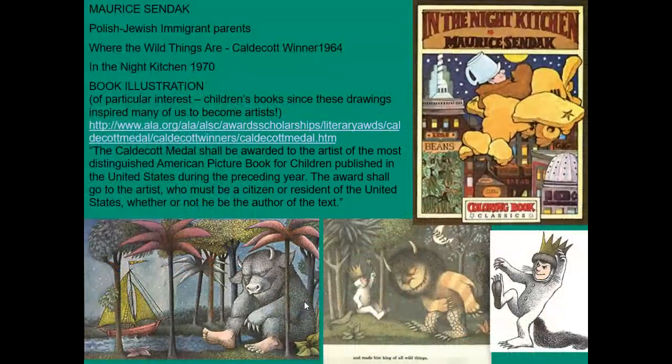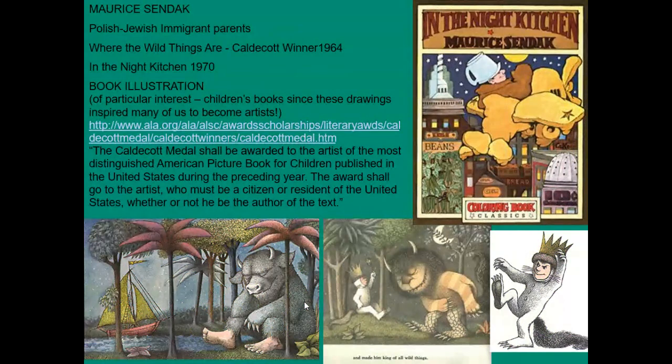Probably the most familiar form of illustration that we experience in America is in illustrated children's books, and there are multiple really successful artists who are primarily working as book illustrators. I picked Maurice Sendak just because I love the Wild Things book especially, but also because he is one of the most successful children's book illustrators in history.